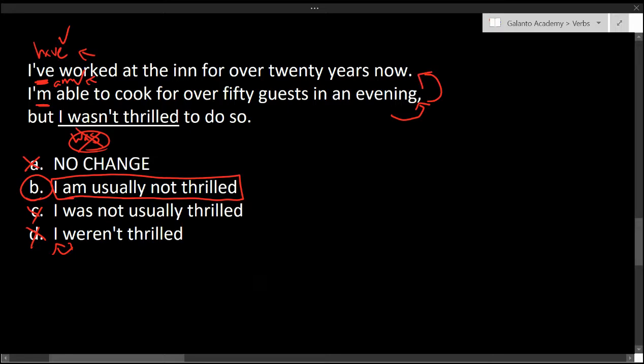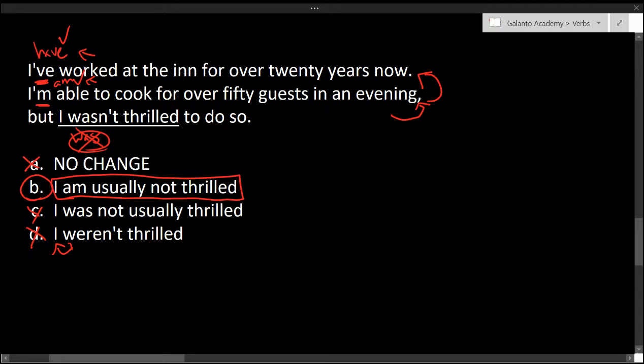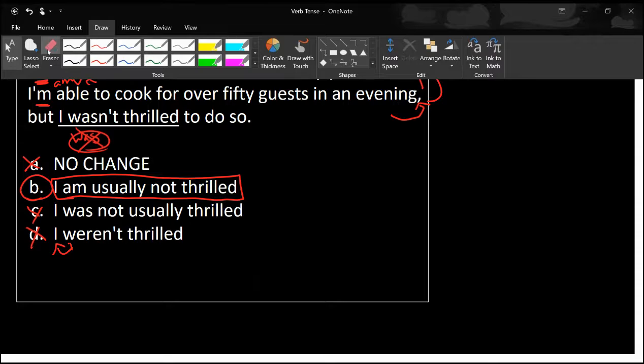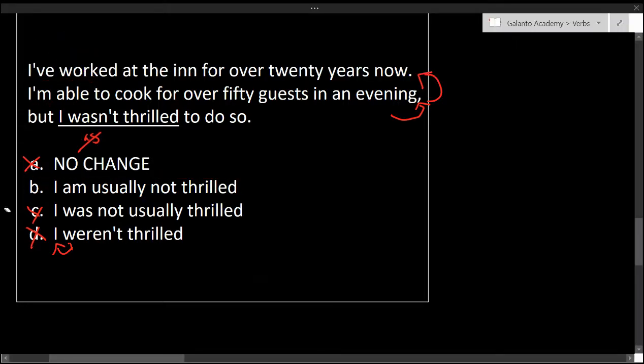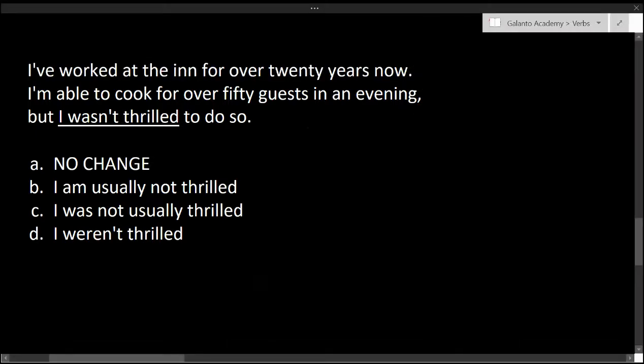So context is really important for judging which verb tense to use and to make sure that they're all in agreement within a passage. Paying attention to time can also be helpful because if we erase all of this right here and change our sentence around a little bit, let's say the original sentence says, I've worked at the inn for over 20 years now.